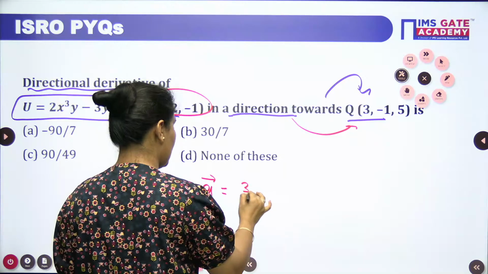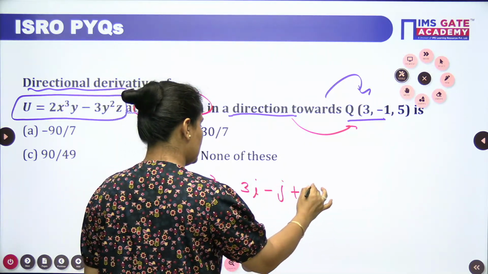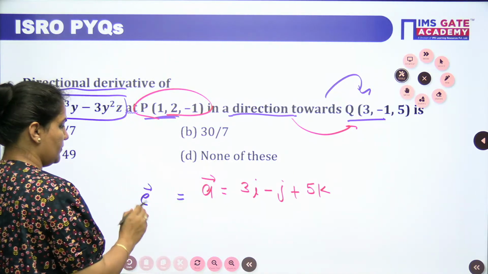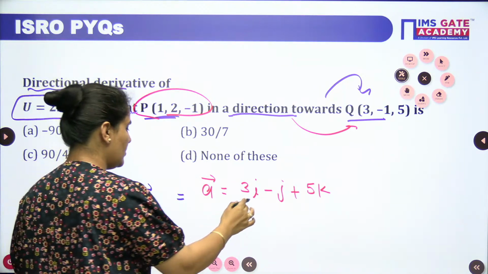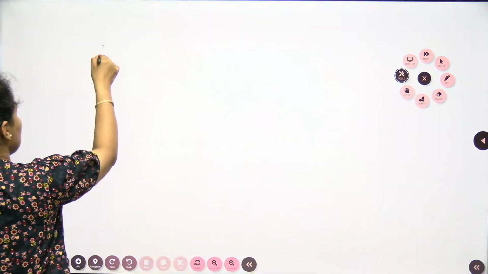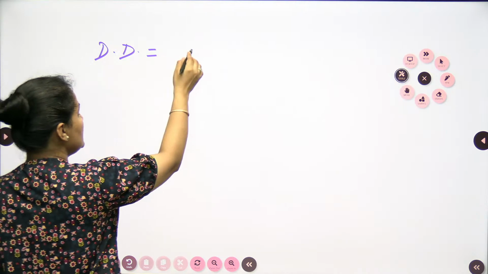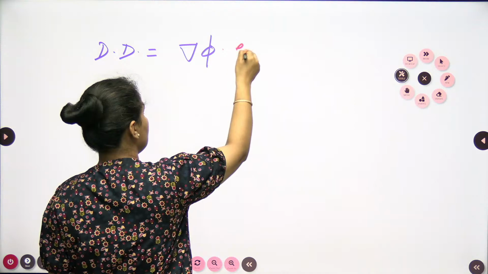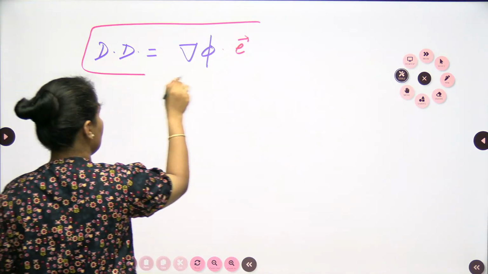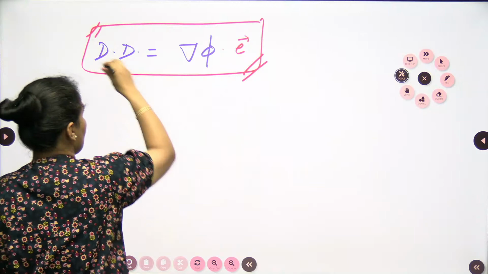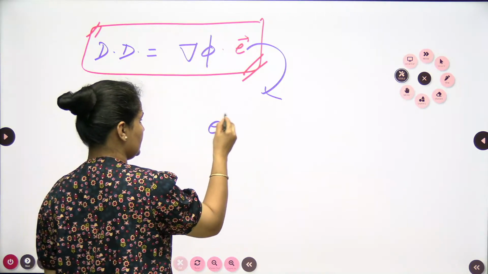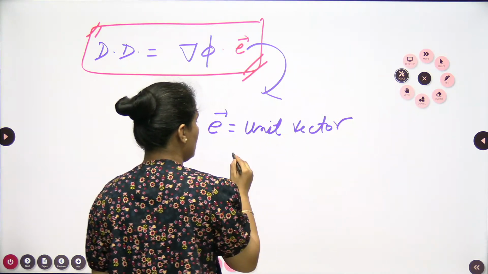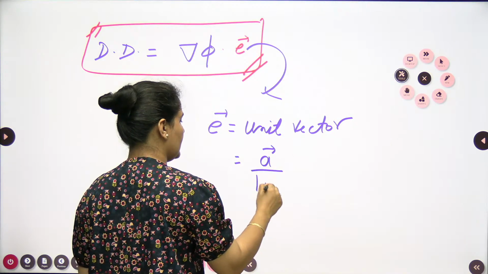If I solve this, I can say this is 3i minus j plus 5k. I need the e vector, because I will write down the definition also: according to the directional derivative, we need to find the gradient of any function phi in dot product with the e vector. E is a unit vector, for which you can find the value by the given a vector divided by magnitude of a.